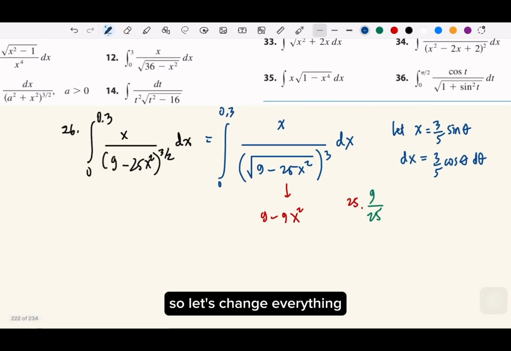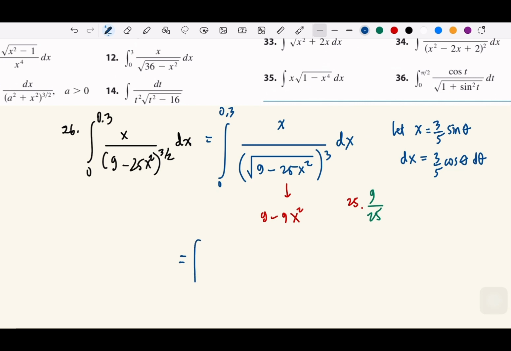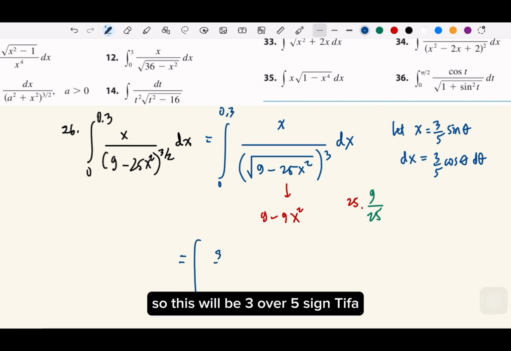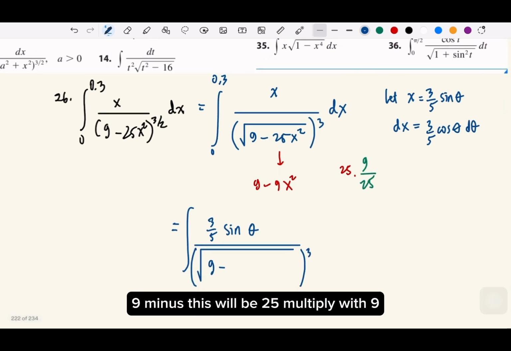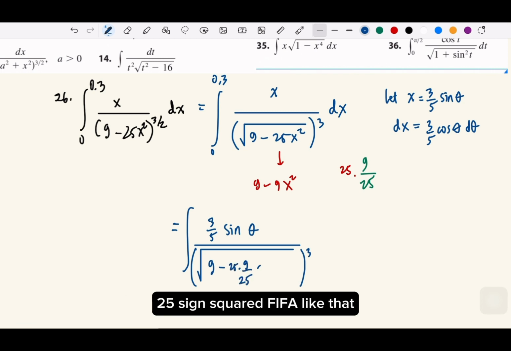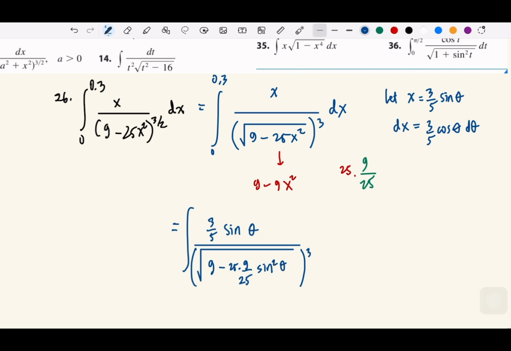So let's change everything. So this will be 3 over 5 sine theta. Now this will be 9 minus 25 multiplied with 9 over 25 sine squared theta, like that. This will be cancelled.